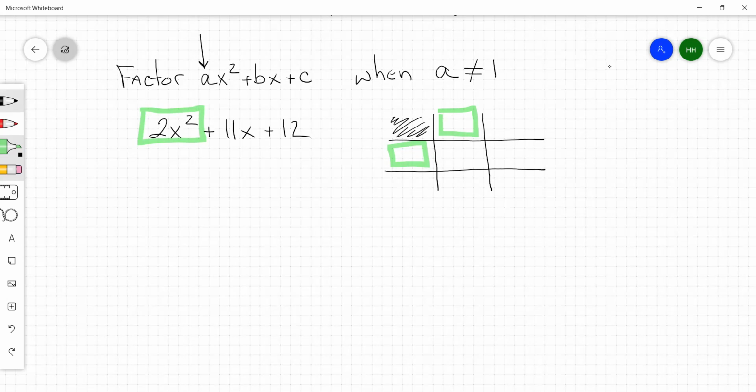There's only two things you can multiply to 2x squared, and that's a 2x and an x. Your 2x times your x goes here. That's your 2x squared.